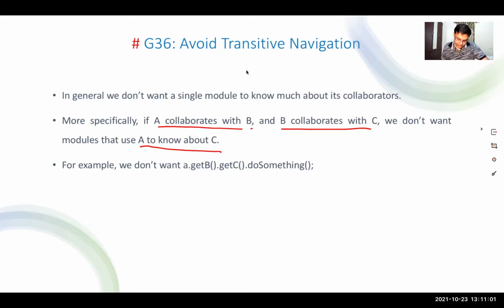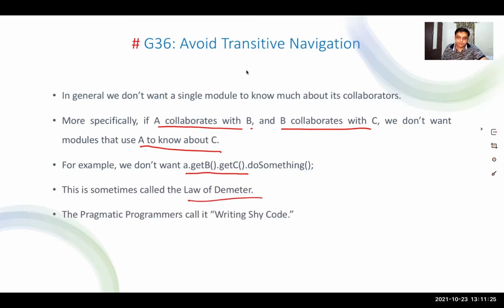For example, I don't want A.getB().getC() to do something. Those kinds of collaborations we need to avoid. If I get a function, I need not guess all the other collaborators it works with. That may not be a good thing. So this is called the Law of Demeter.